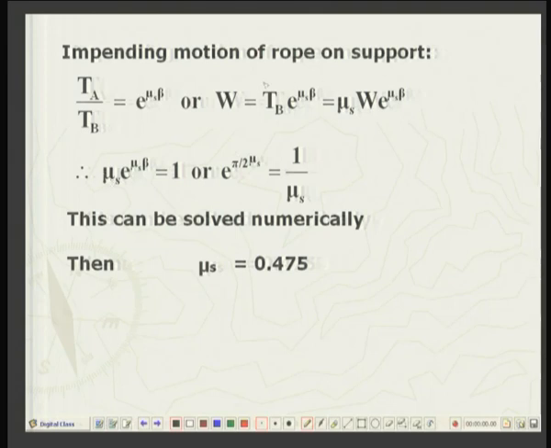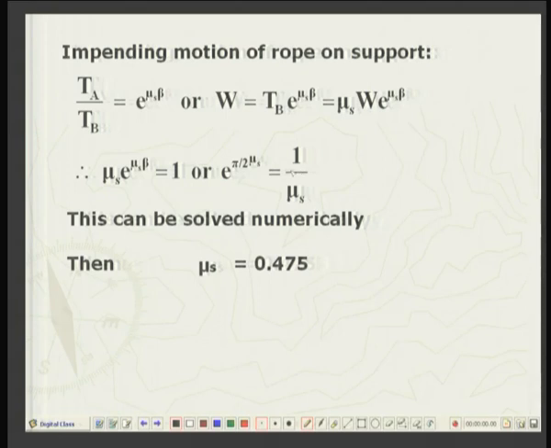So, simplifying, W and W will cancel out. So, we have this simple equation, coefficient of static friction mu s times exponential of mu s times beta is equal to 1, right, and beta is pi by 2. So, exponential of pi by 2 times the coefficient of static friction is equal to the reciprocal of the coefficient of static friction.